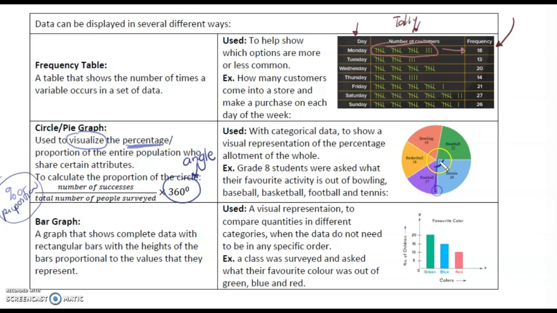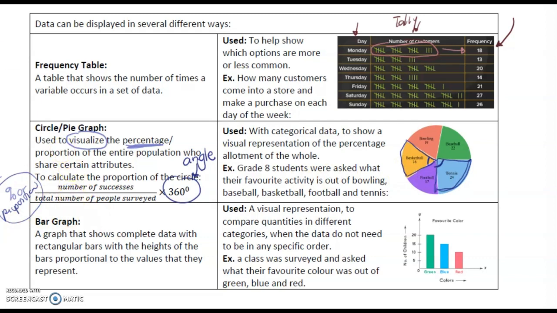We visually see this blue as the biggest. And then when we're looking here, basketball and bowling are very similar, but ultimately basketball, this piece of the pie, was the least popular. So this is really easy to see the most popular and the least popular.